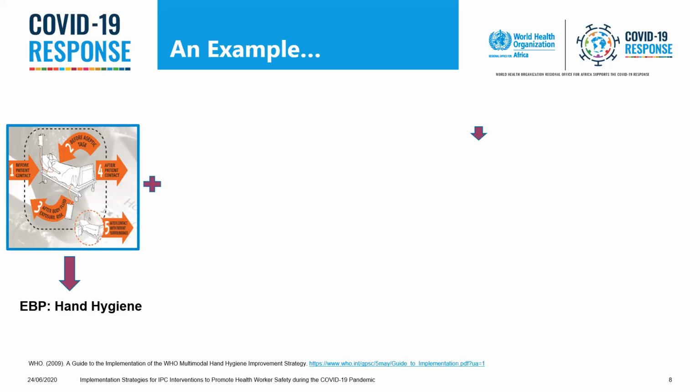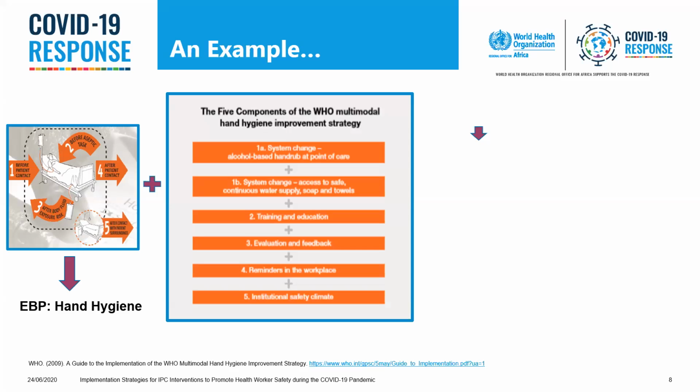We're going to take our EBP and we can use something like a multimodal approach, one that WHO has developed over the years. We can use all of this to actually improve. Let me go ahead and show you here. We can use a restructure policy, which is an implementation category I talked about, where we are planning for system change. So we want to put alcohol hand rub at the point of care.